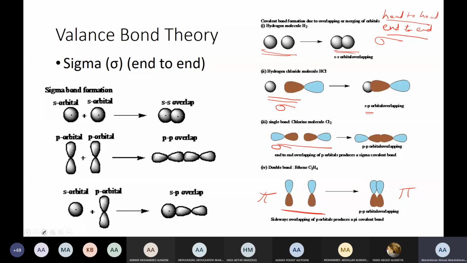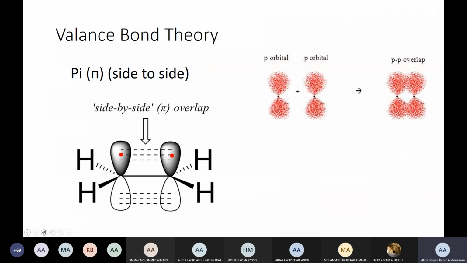All right, is this also clear? And then I draw here for you the valence bond theory, how the bond takes place.